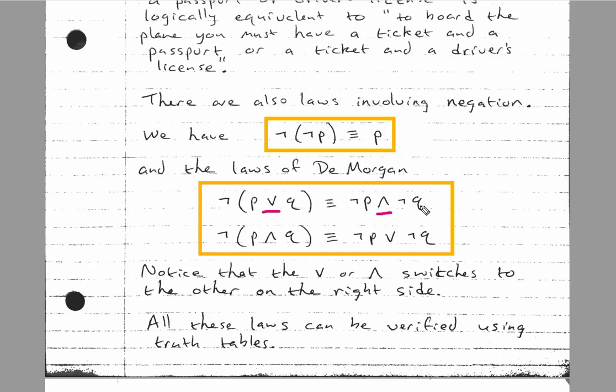So yeah, we need not P and not Q, but the operation switches to an and. And the same thing here, if you're negating an and operation, you need an or on this side. Alright, so these are called the De Morgan laws, after this mathematician, logician.